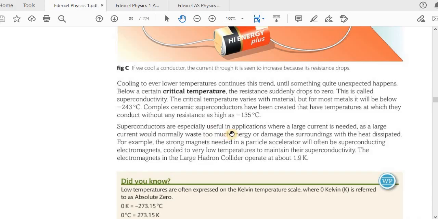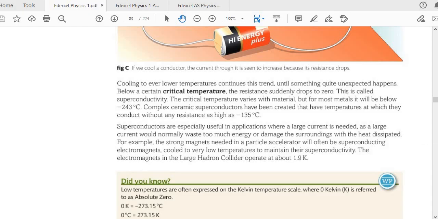Superconductors are especially useful in applications where a large current is needed, as a large current would normally waste too much energy or damage the surroundings with the heat dissipated. So we can get a large current without causing it to heat if we reduce the temperature and stop the vibration of those metal ions, let the electrons pass through.